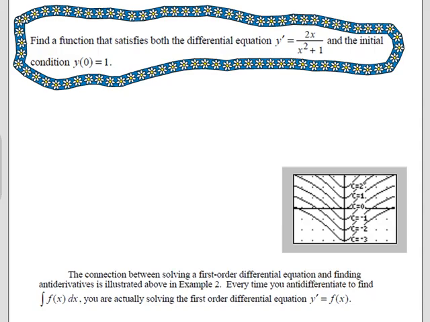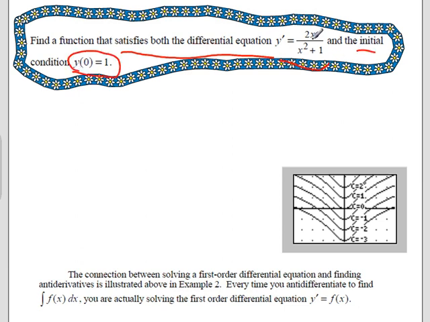The purpose of this section is for us to validate that certain functions are in fact solutions to differential equations and to do some very simple solving of differential equations. So for example, in this first problem it says find a function that satisfies both the differential equation given and the initial condition that y(0) equals 1.